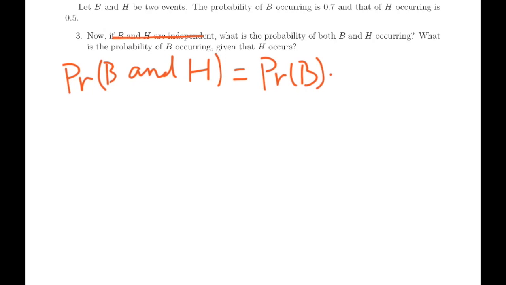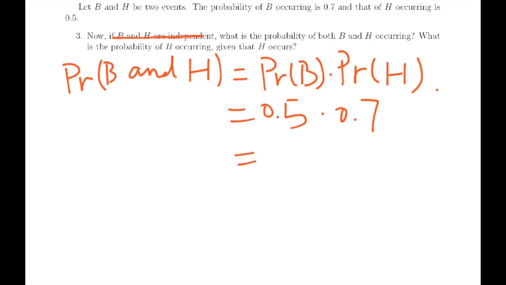All right. Now let us look at the third part of this problem. Now, if we assume that B and H are independent, then we know that this means the probability of both B and H occurring, the probability of B and H, is equal to the probability of B times the probability of H. And plug in the numbers, we will know this is equal to 0.5 times 0.7.